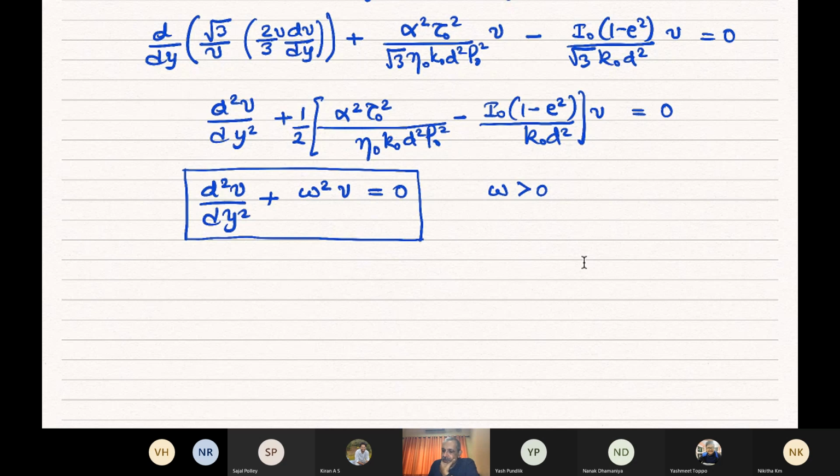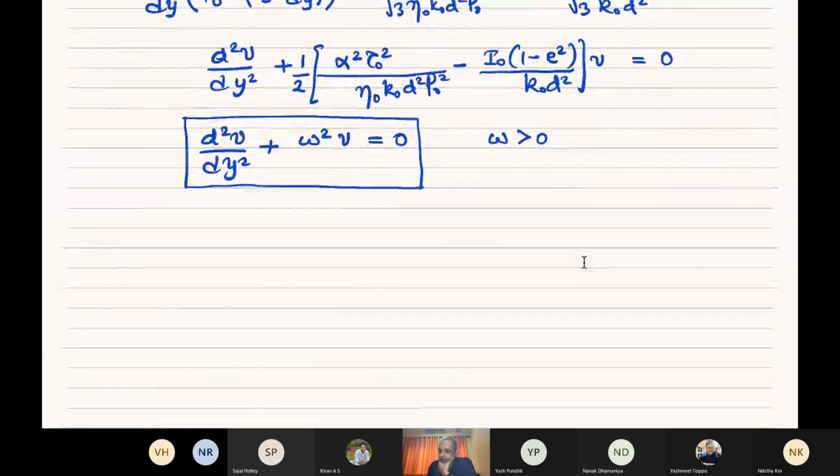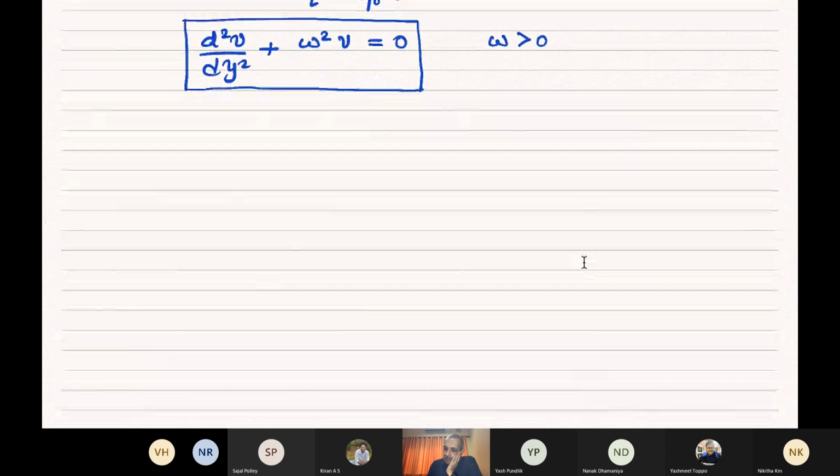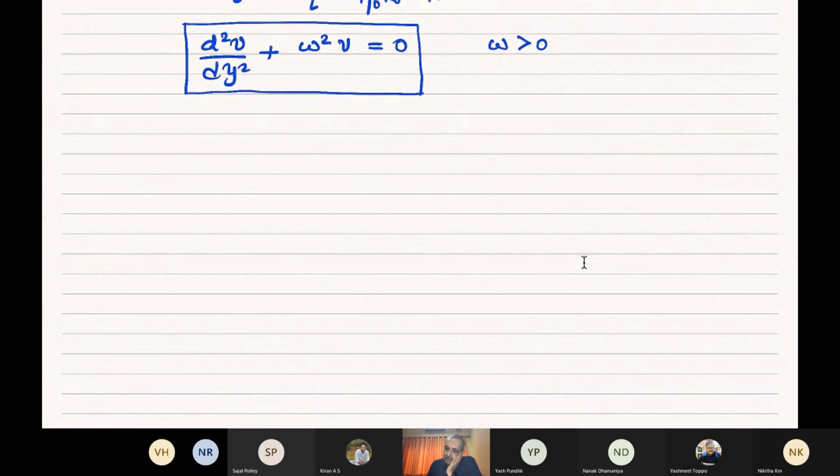So now, this is an easy equation to solve. Does anyone know the solution to this equation? Have you come across this type of second order equation where omega is a constant?